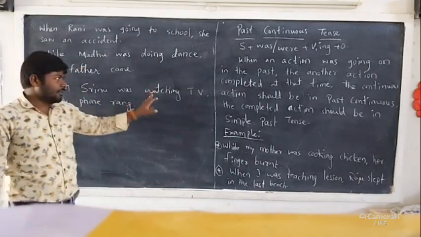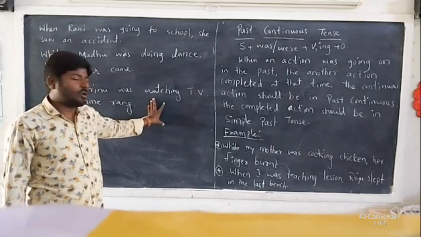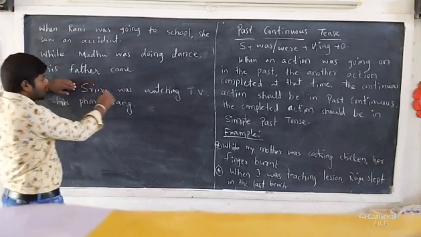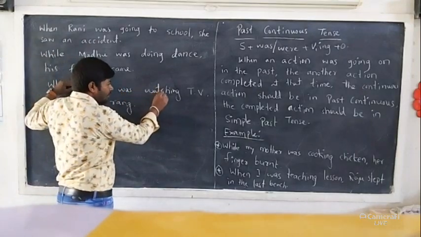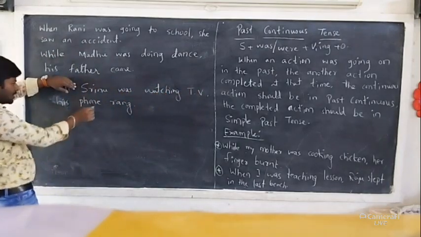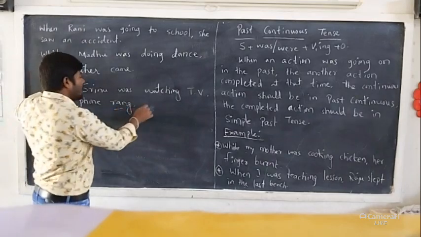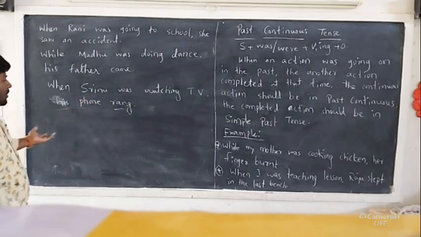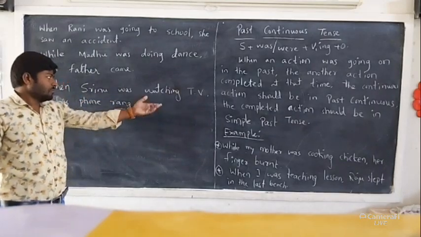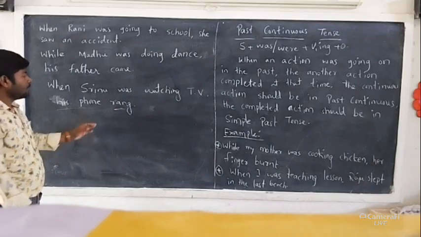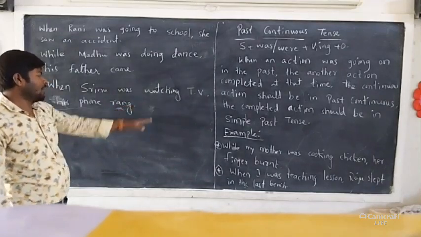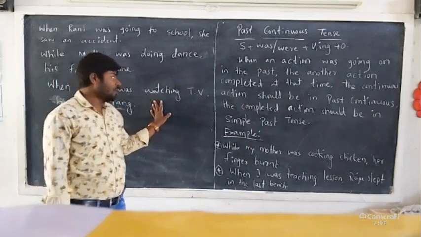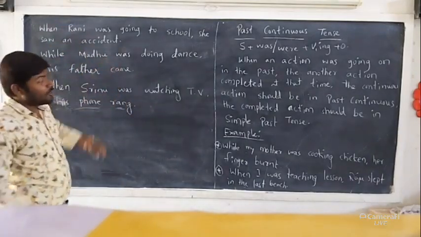So here, what is happening? He was watching TV. He got a phone call. His phone rang. Here we have subject, helping verb, object. But here it is past tense. This is the subject, his phone, and this is the second verb. And you can write an object. You can write his phone rang in his pocket, or in the hall. So wherever, you can mention any place. That's all. So this is about all of past continuous.